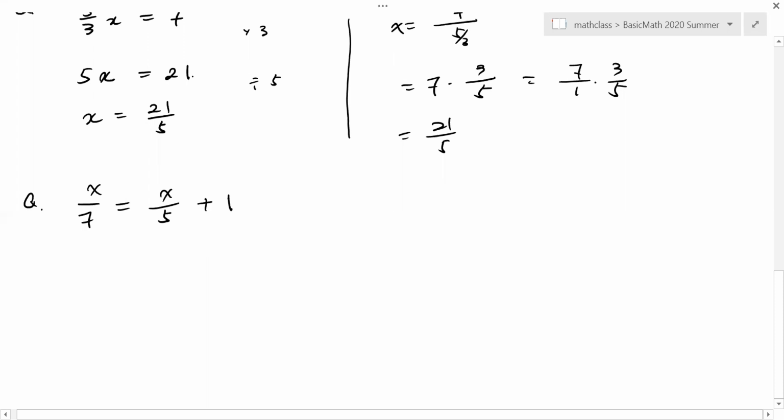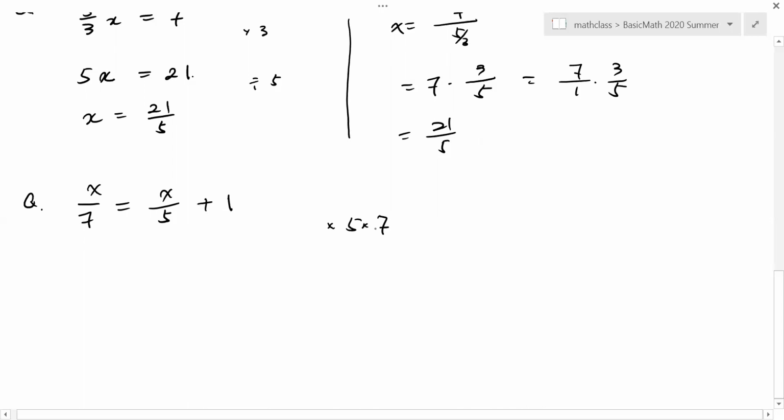You have to get the least common multiple, LCM. So you have to multiply by 5 times 7 on both sides.